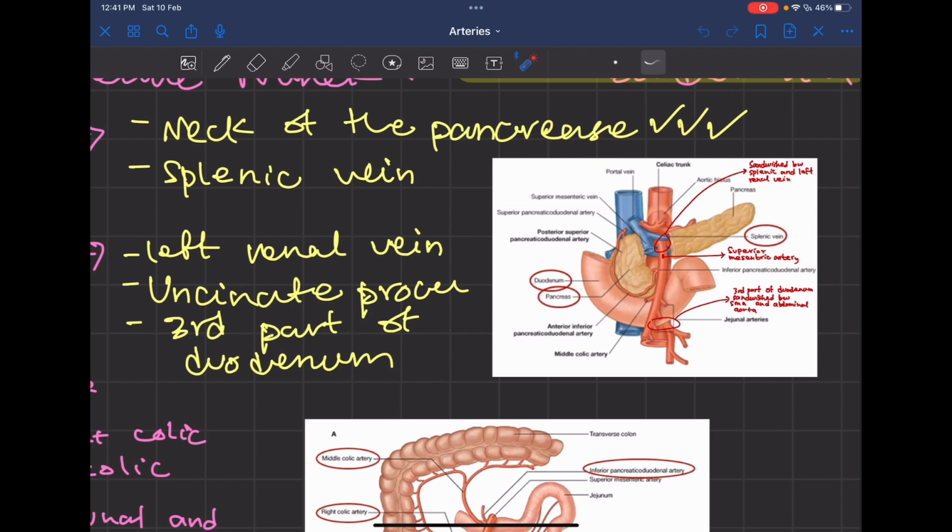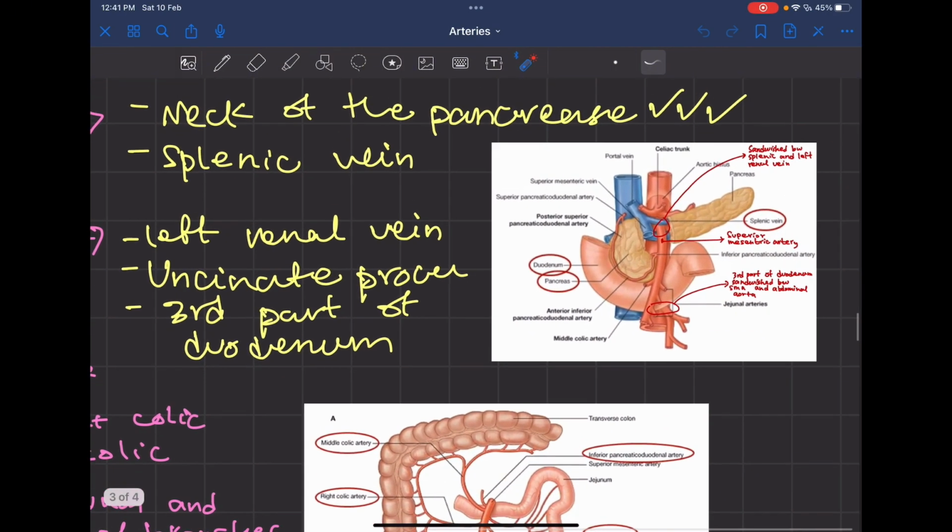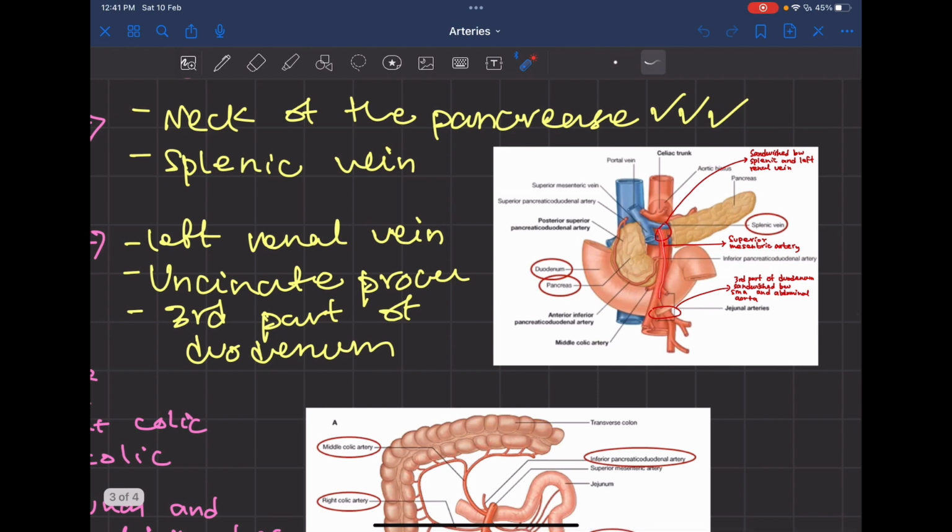And as you can see here, this is the splenic vein, making up the portal vein with the superior mesenteric vein. When they join together, they make up the portal vein. So behind the splenic vein, we could see the superior mesenteric artery. Now, for the posterior relationship of the superior mesenteric artery, we can see here the left renal vein. And it's very visible that it's a posterior relation to the superior mesenteric artery.